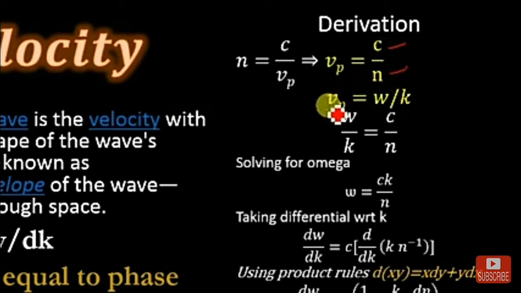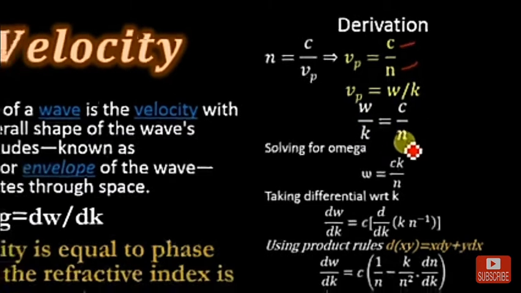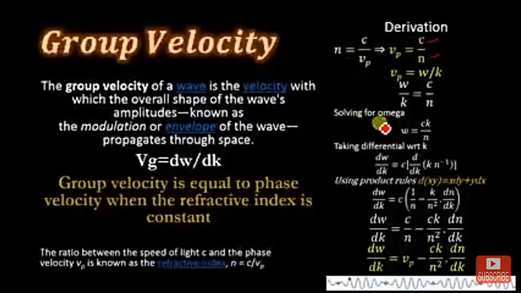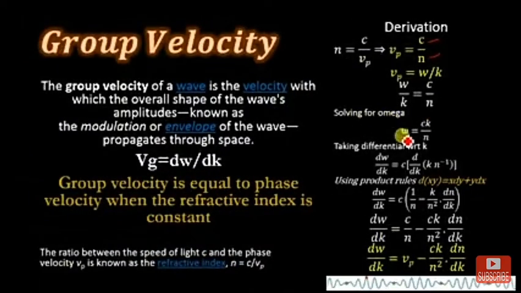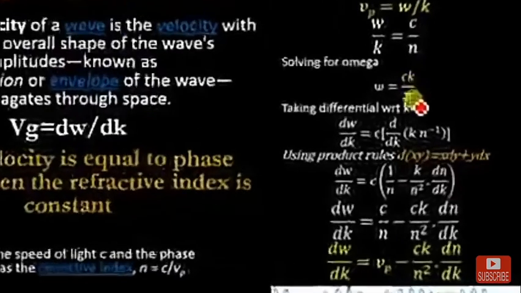And according to the definition of phase velocity, the phase velocity is equal to omega by k. Comparing these two equations, we will get omega by k is equal to c by n. Solving for omega, you will get omega is equal to ck by n.